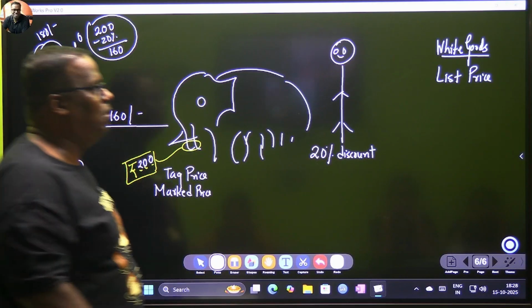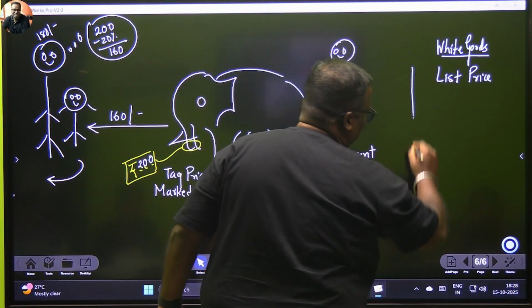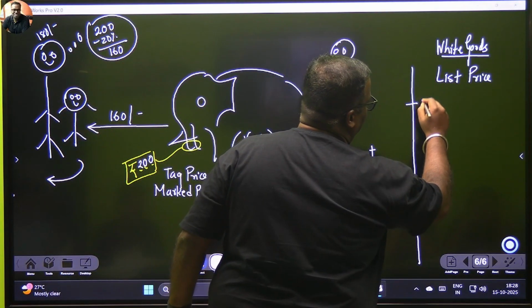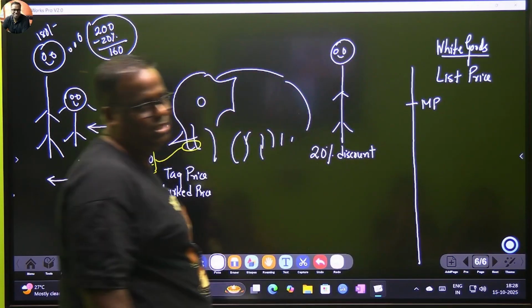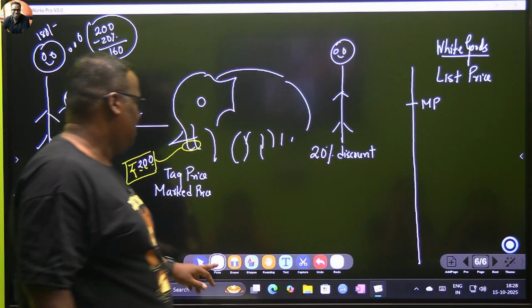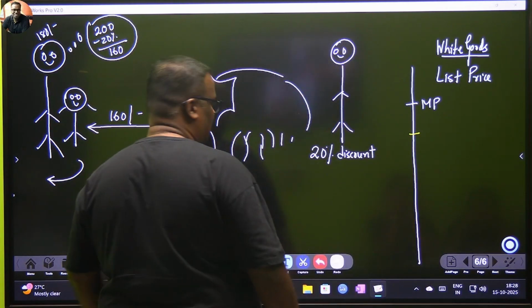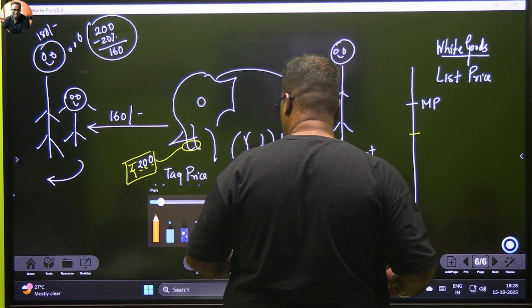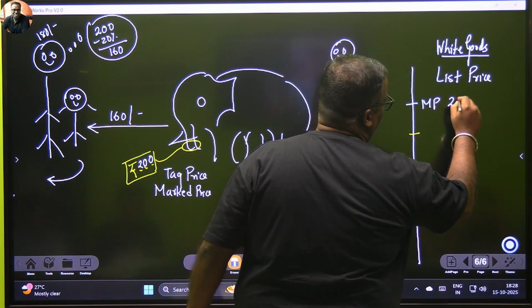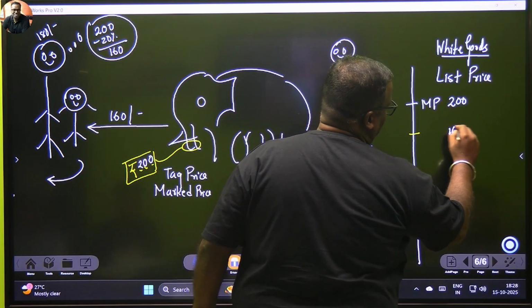And this person. Now let's make the bamboo. Bamboo is very important. This was the mark price at which the article was displayed, right? The transaction happened somewhere here, right? So we say that this was Rs 200. The transaction happened at 160.